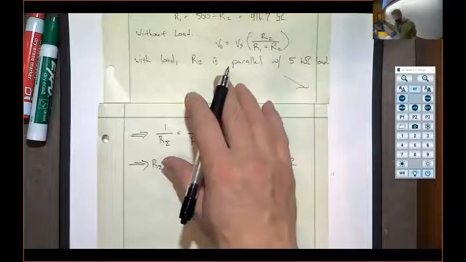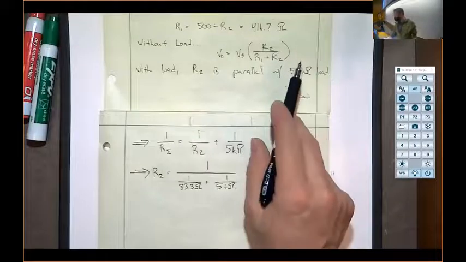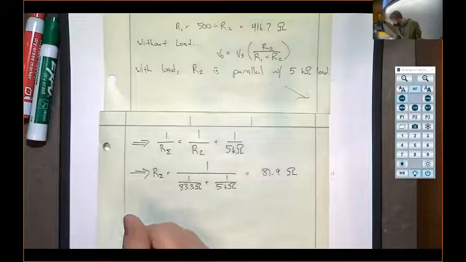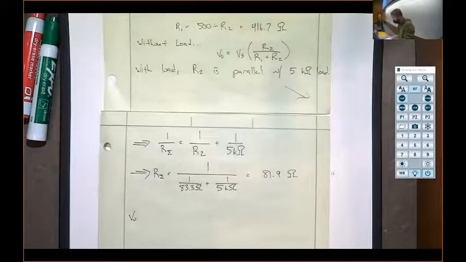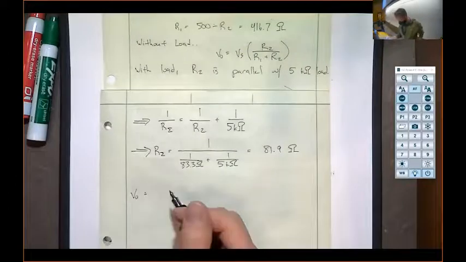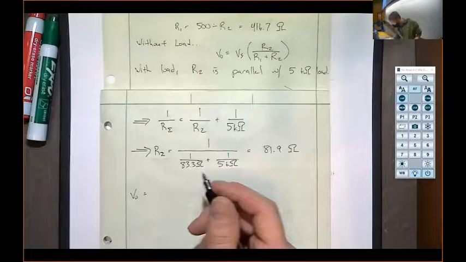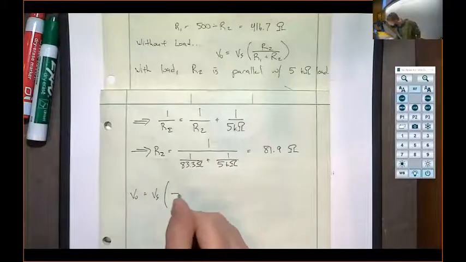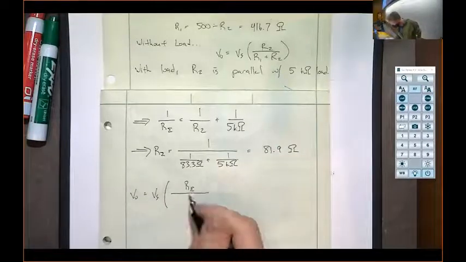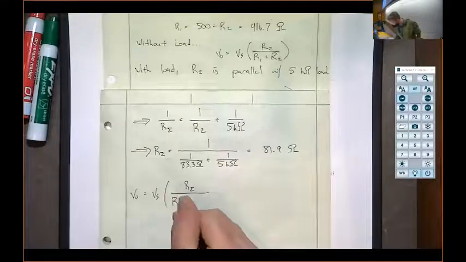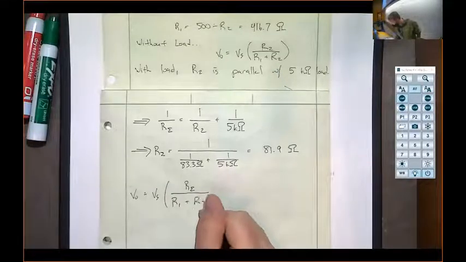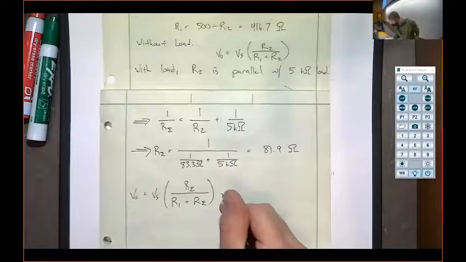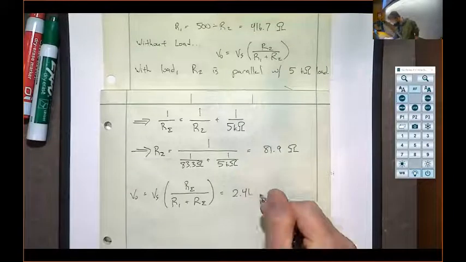So we substitute that in for R2. That's the last step. Our output voltage is going to be equal to the source voltage times R sigma over R1 plus R sigma, which is 2.46 volts.